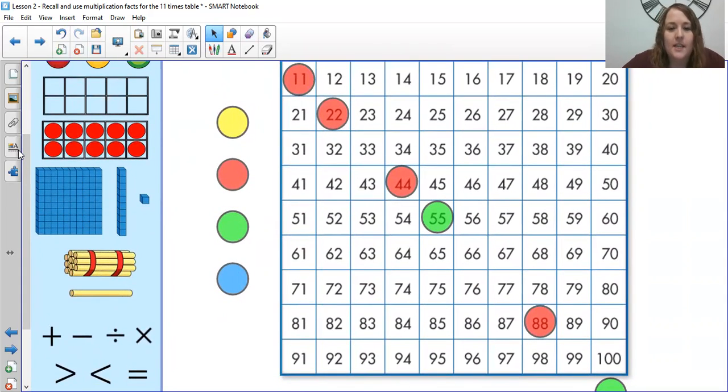Then I'm going to go to another colour. If I know 1 times 11 and 2 times 11, hopefully I can work out 3 times 11 because I've added those together. And you can definitely see this pattern of this diagonal appearing. If I know 3 times, then I know 6 times. And if I know 6 times, I know 12 times.